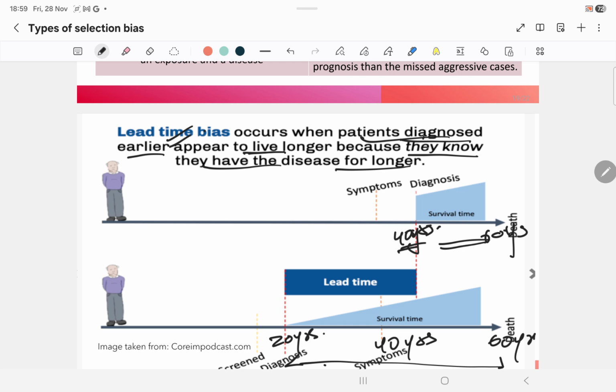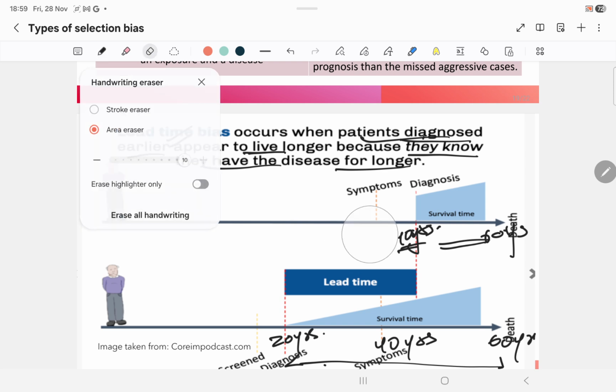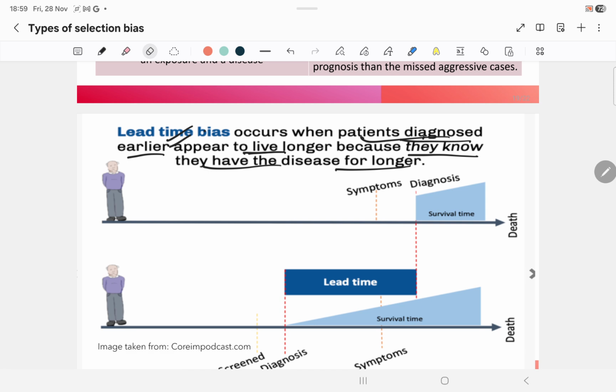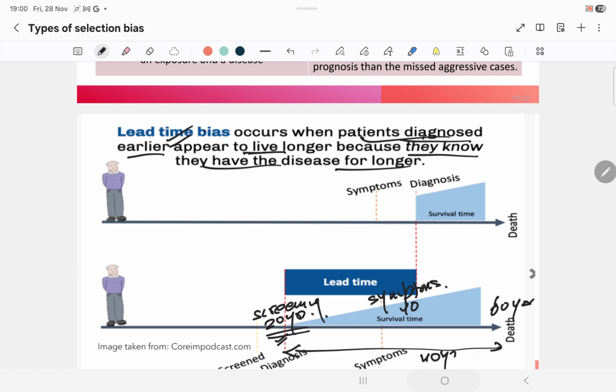So I hope this is clear. If not, I will explain one more time. Suppose here you have done the screening. At the age of screening, the patient was 20 years old. Symptoms develop at 40 years old and the patient died at 60 years. Now if you have done the screening at 20 years and you diagnose the disease with a screening procedure, the patient will live for 40 years and he will think that I have lived for 40 years after the diagnosis was made by screening.